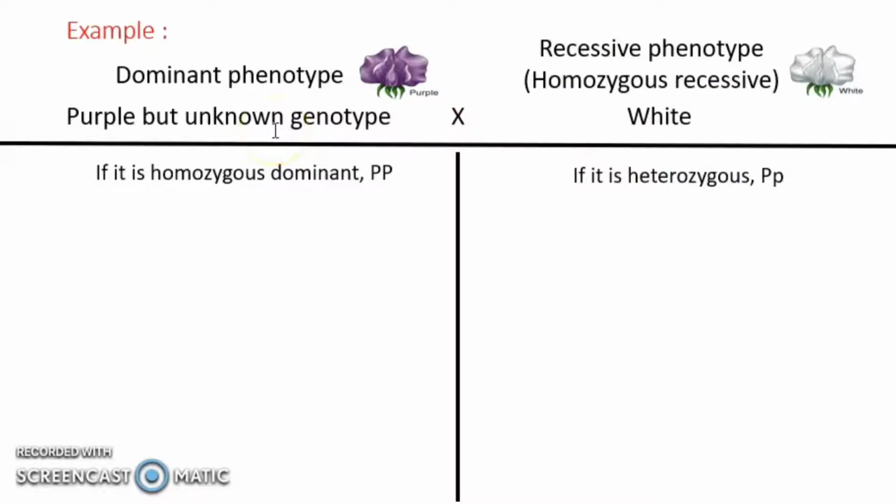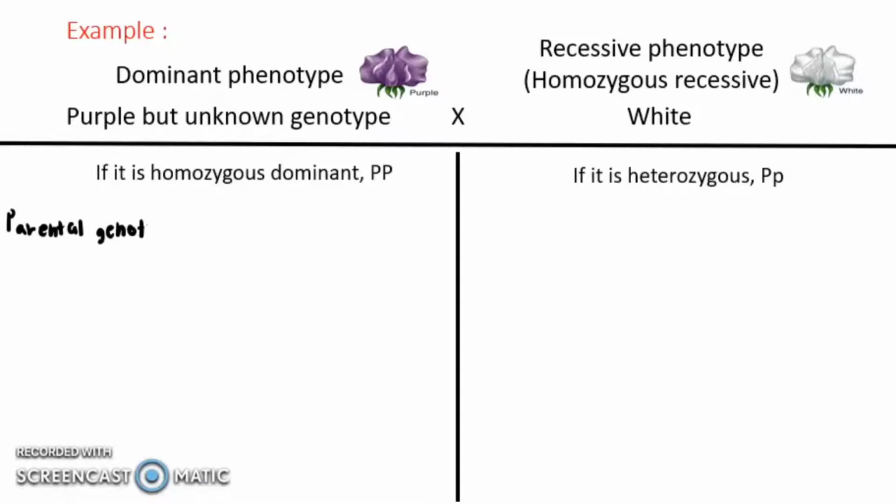Okay, so for the first prediction, if it is homozygous dominant, or the genotype is P besar P besar, kita tengok first prediction. Contohnya kalau misalnya genotype dia adalah homozygous dominant.